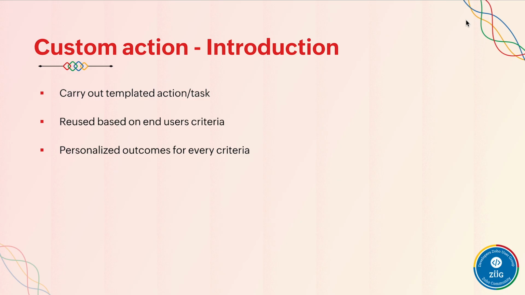Let's say you want to perform a common action, but you want to reuse this common action across multiple scenarios or conditions. But in every scenario where you reuse this common action, you want to get a personalized or different outcome out of that action. Then in that case, this custom action feature can be used.